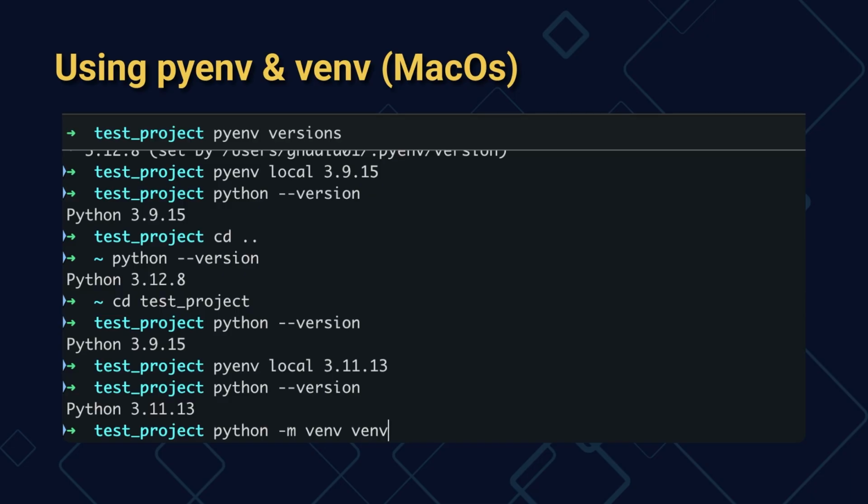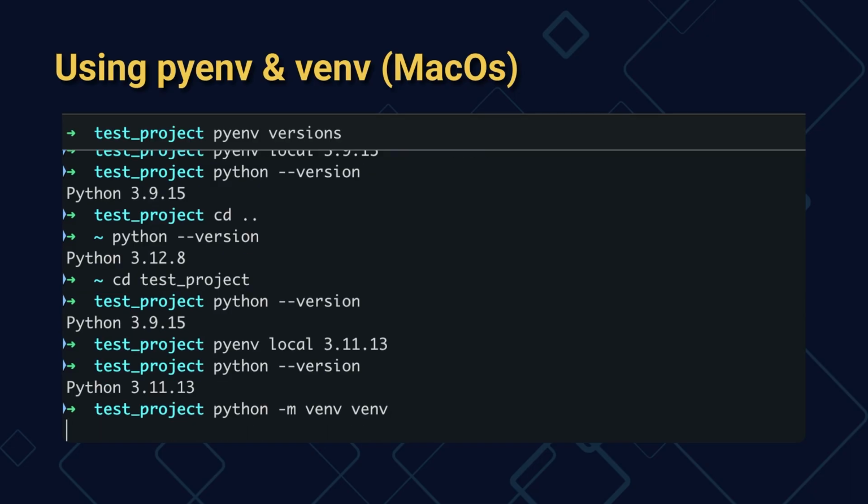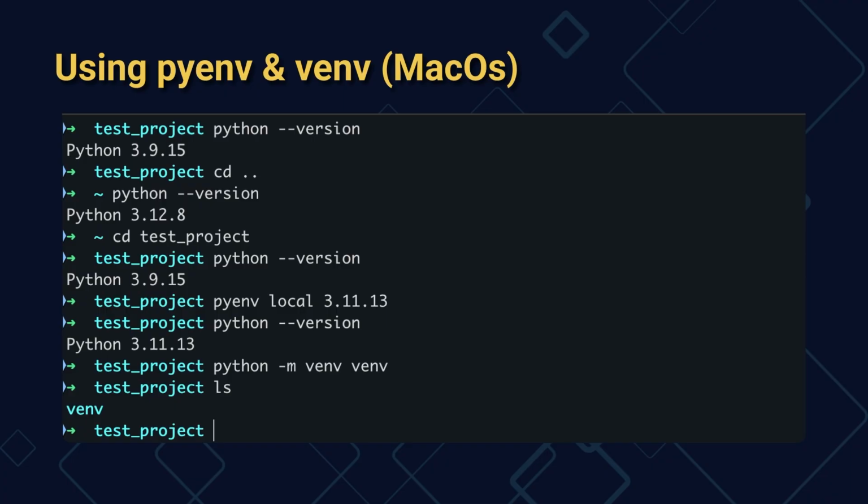I go with the same thing. It takes a couple of seconds, and then when I ls, I can see my virtual environment there. Now I have both components, Python with a specific version and a virtual environment.